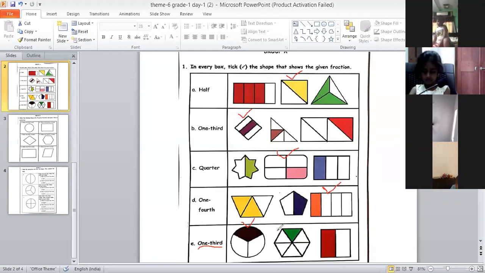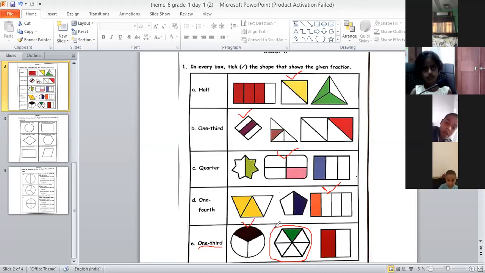Count again. 1, 2, 3, 4, 5, 6. Yes. So this second shape in the last question is divided into 6 parts. Out of 6, how many are shaded? How many are colored? 1. Yes, only 1 is colored here.